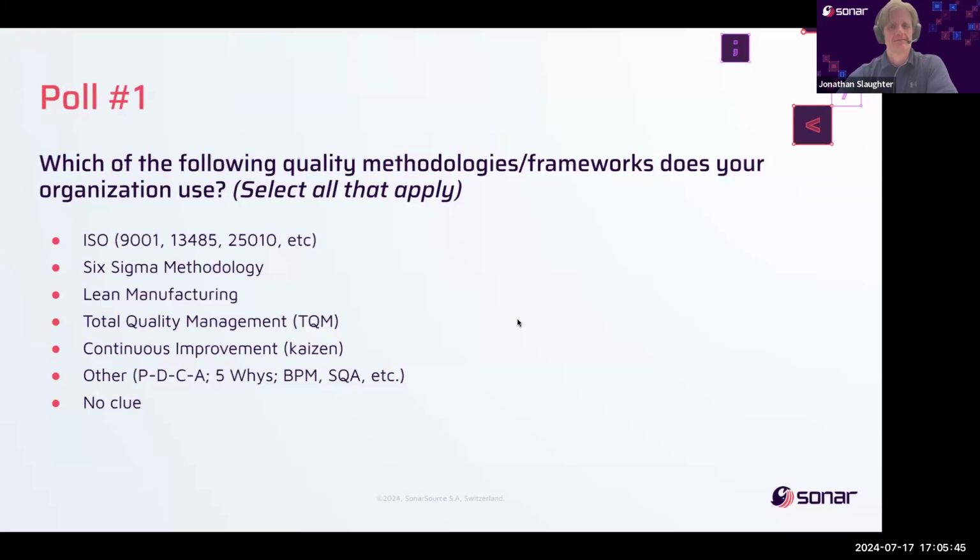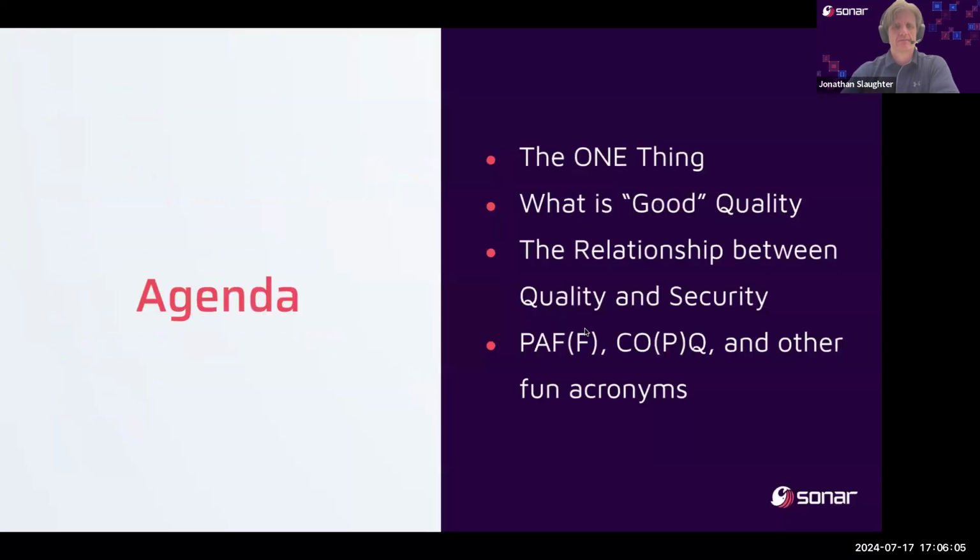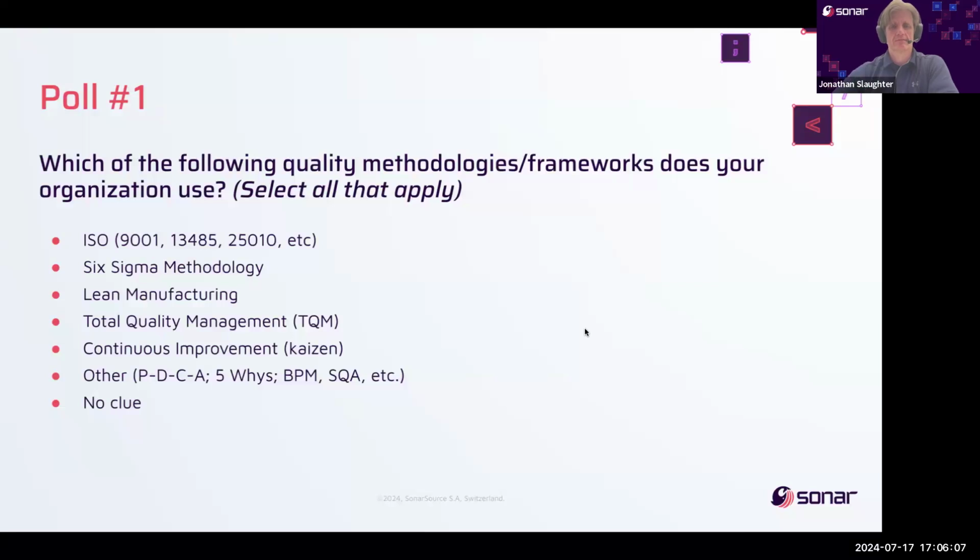So, all right. Whenever we're ready, I think we're getting pretty close. I'll give it another 15 or 20 seconds on the poll, and then we'll close it out. Oh, sorry, that's me.